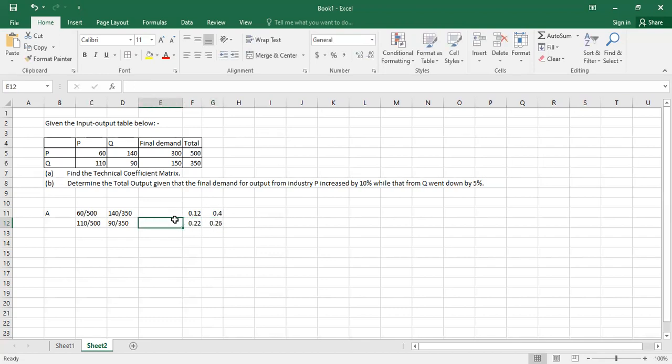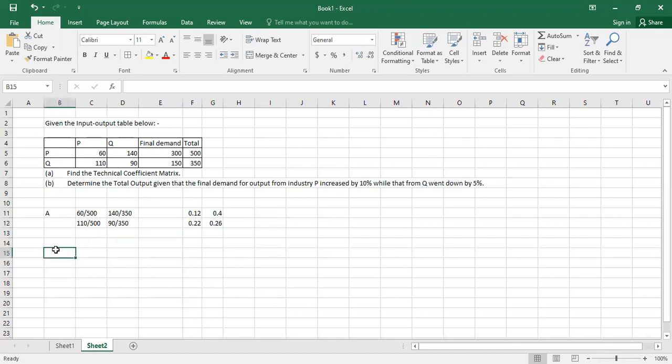The reason why we are getting the technical coefficient matrix is that A will help us get the Leontief matrix or the Leontief inverse. Because for the second one, we've been asked to determine the total output. We cannot get the total output if we don't have the Leontief matrix.